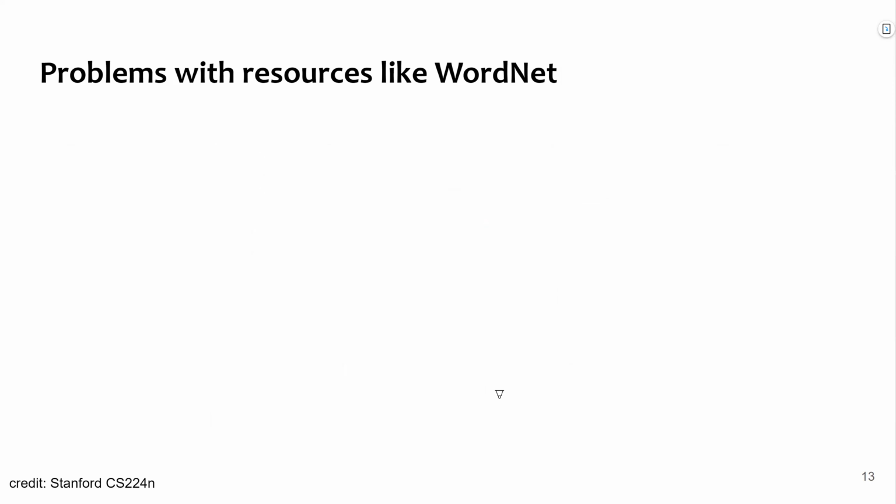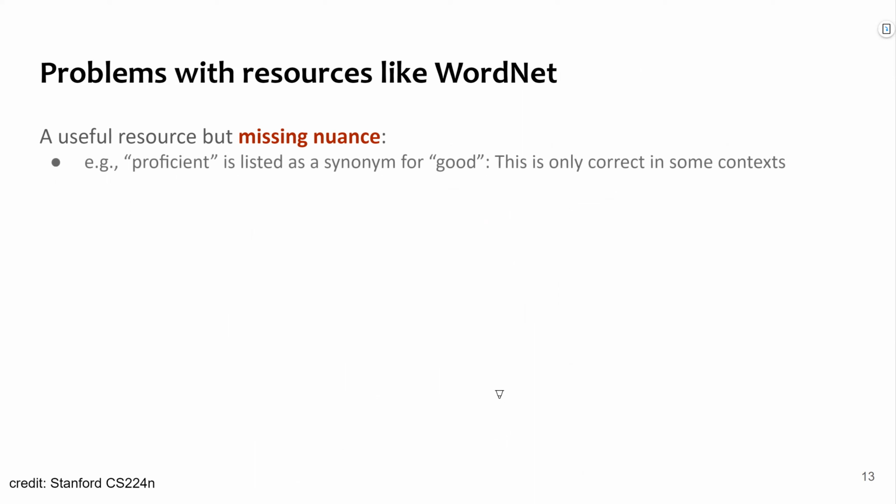And are we satisfied with WordNet or a thesaurus? Not at all. What are some problems with resources like WordNet? This WordNet is very useful. However, it lacks nuance. What I mean by nuance is, proficient, for example, is listed as a synonym for good. However, this is only correct in some contexts.